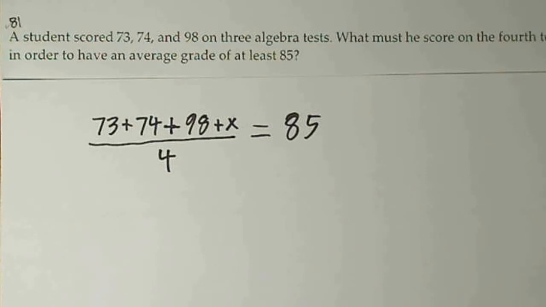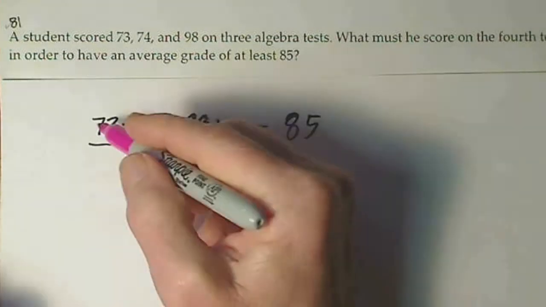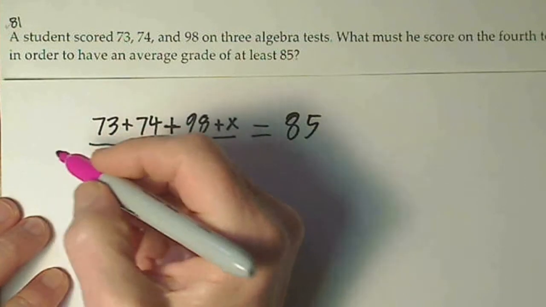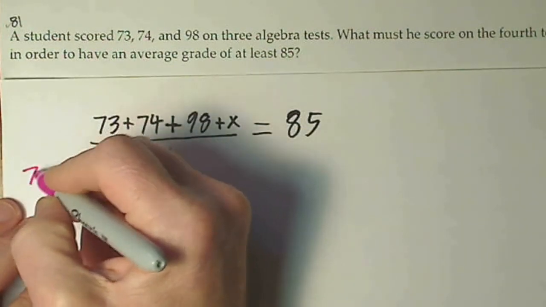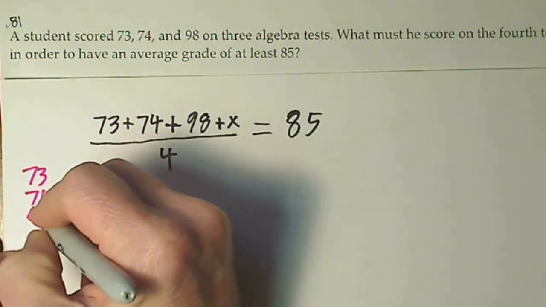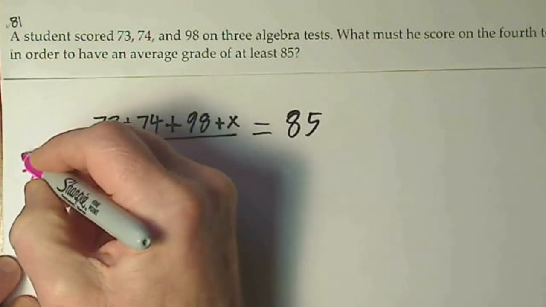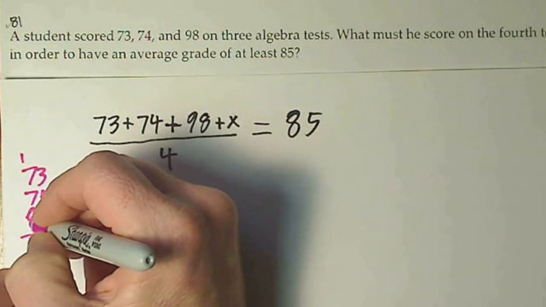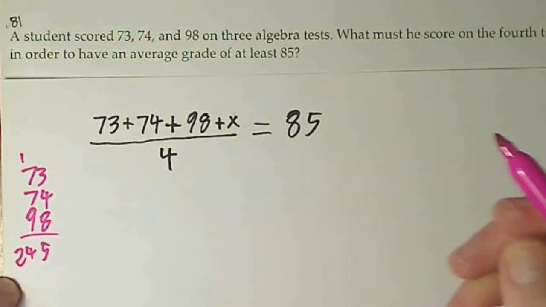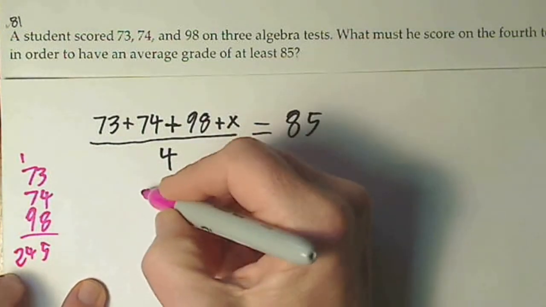Okay, so let's clean this up a little. 73, 74, 98. So there's 12, 15, 8, 15, 24. So that's 245.